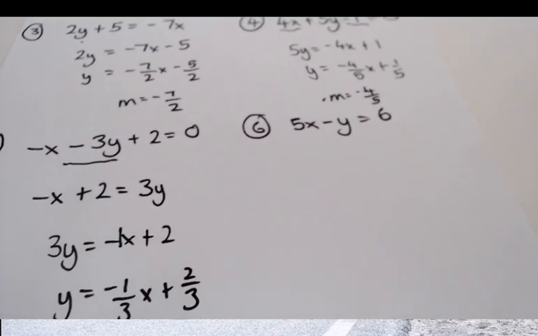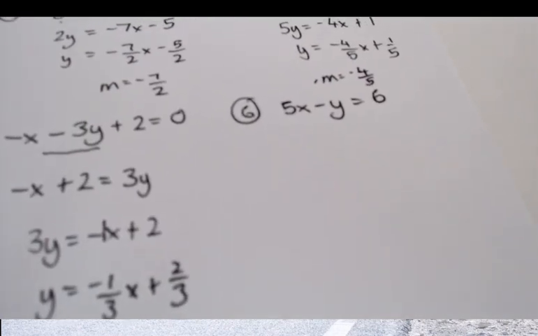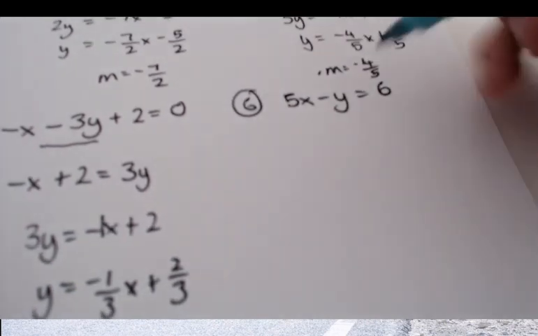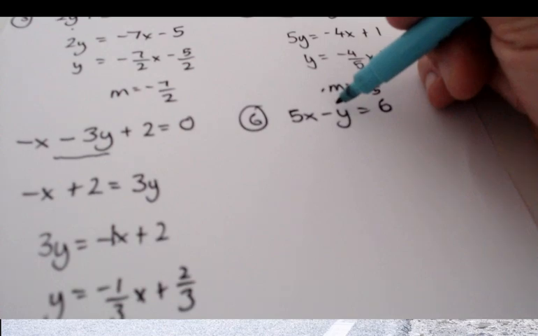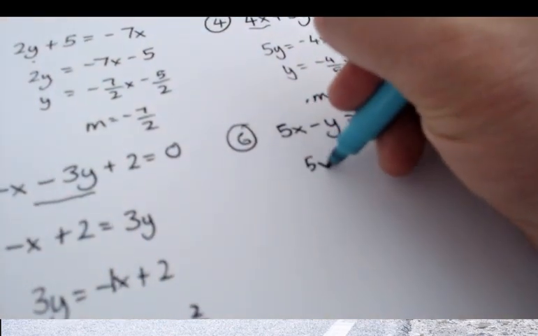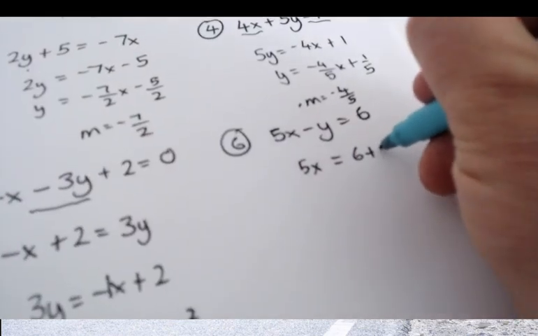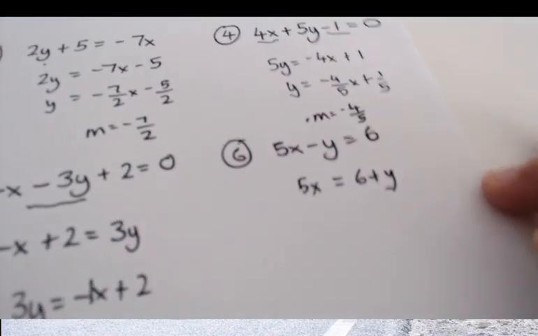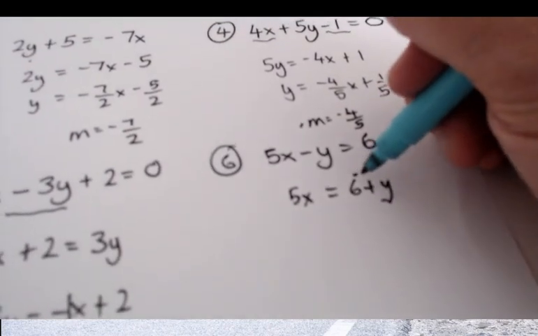Last one. Hopefully you're on for 6 out of 6. Get the y by itself. Again, I've got a minus y. I'm going to take that to the other side. 5x will equal 6 add y. Get the y by itself. Get rid of the 6. The 6 is positive.